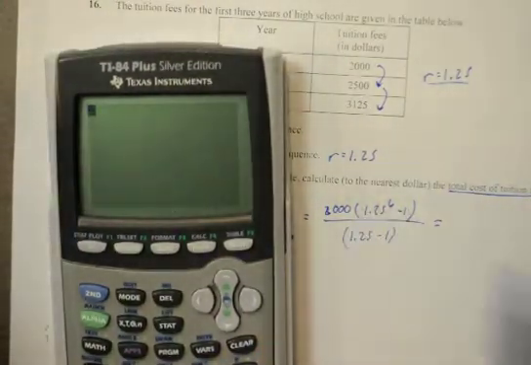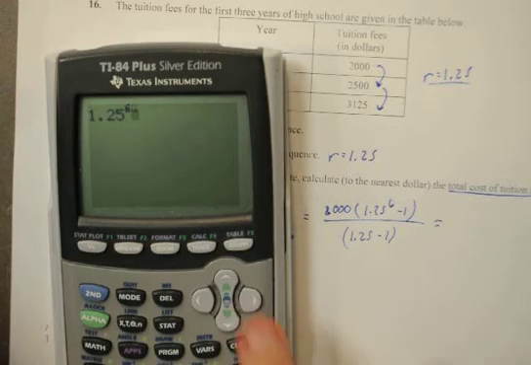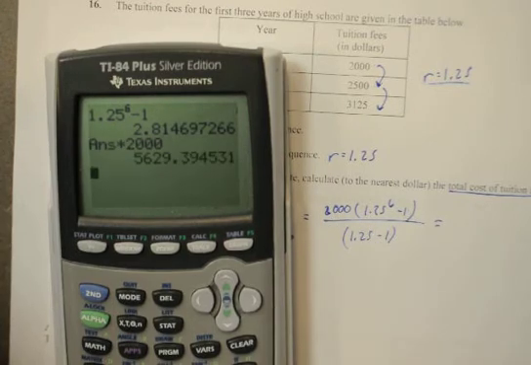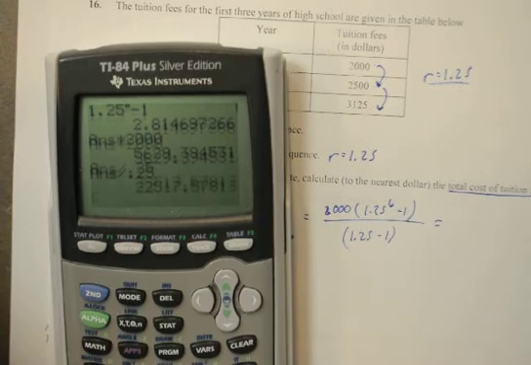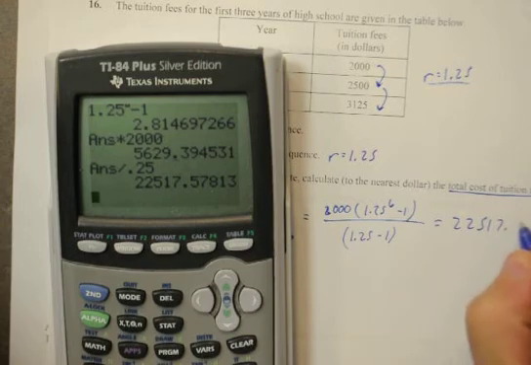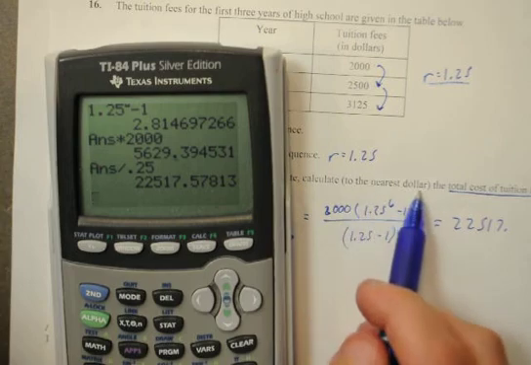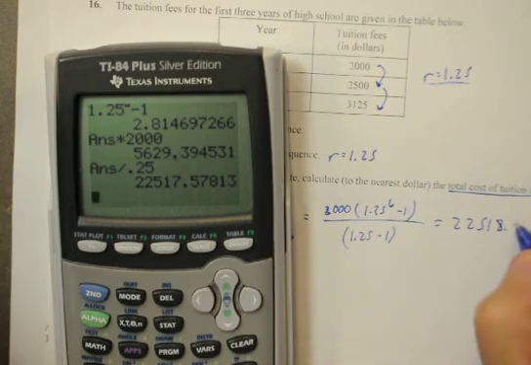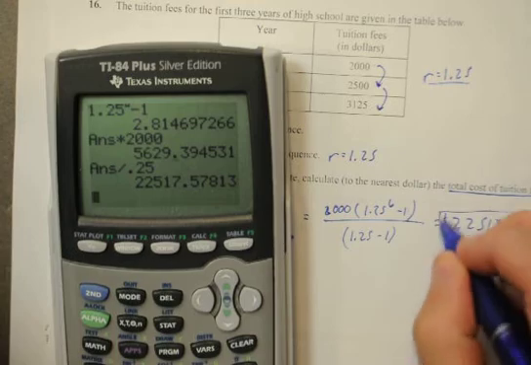Work from the inside of parentheses out, so 1.25 to the 6th minus 1, that's inside the parentheses, times 2000. Now divide it by this. 1.25 minus 1 is 0.25. And you get your answer. 22517. What did it say? It said round to the nearest dollar. So I'm just going to turn that into an 8. And there we have it.